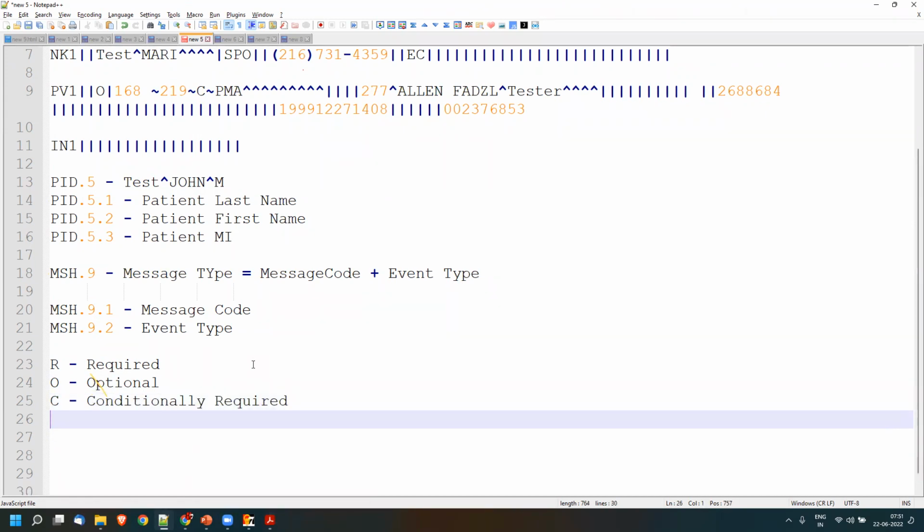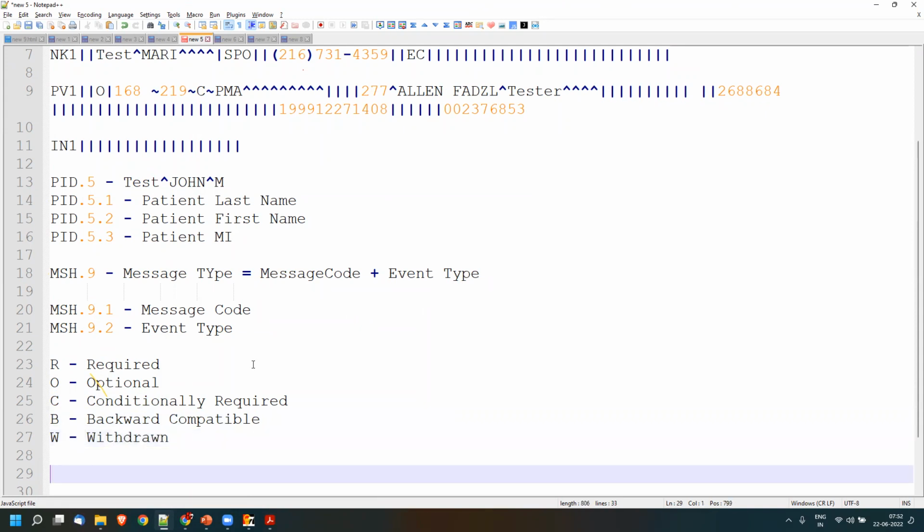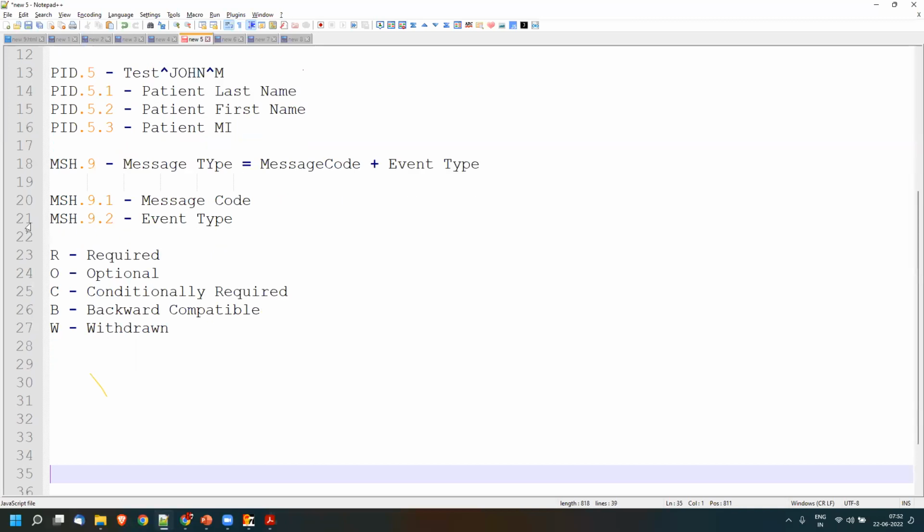Next you have B representing backward compatibility. Then you have W, which means withdrawn. So these are the 5 various representations that you will see in the optionality column.